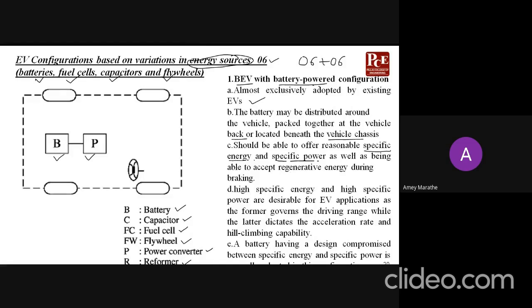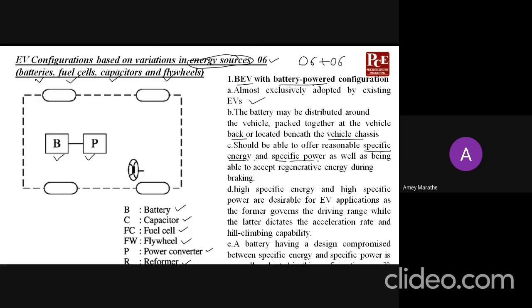Your specific energy is related to something, and your specific power is related to something. We will see what it is related to. But your battery configuration should be able to offer you a good specific energy and a good specific power.